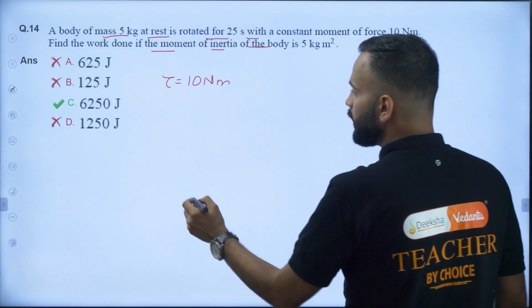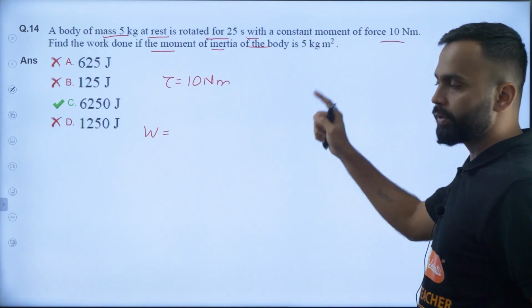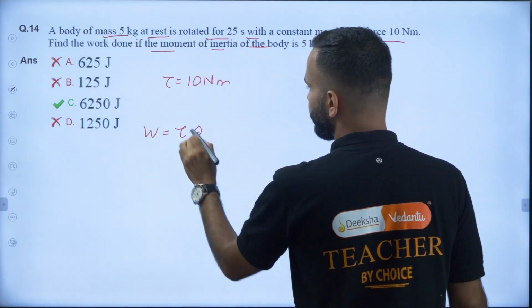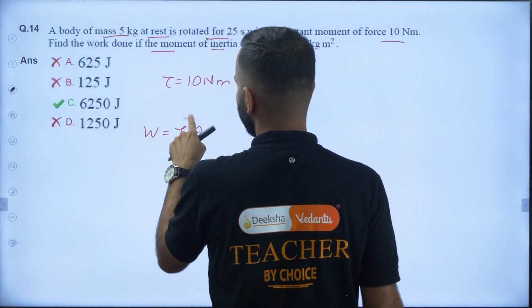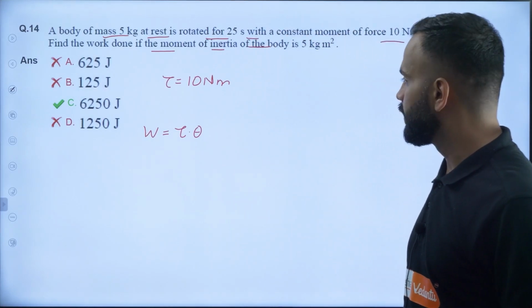Simple one, right? So the work done by the moment of force, W, is equal to tau dot theta, or tau into theta. What is theta? Angular displacement, right?